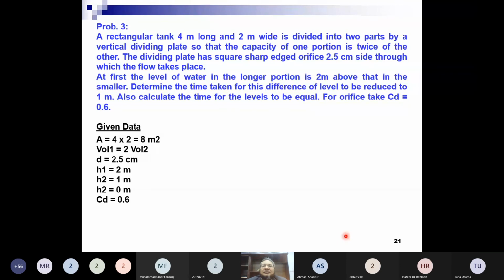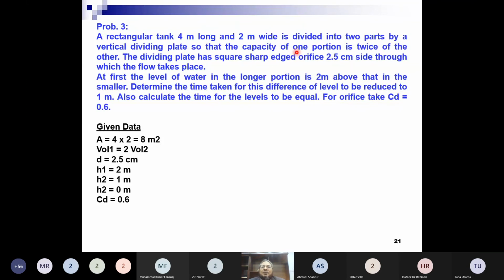We want to solve numerical problem number 3. A rectangular tank 4 meter long and 2 meter wide, 4 meter लंबा है, 2 meter wide है, is divided into 2 parts by a vertical dividing plate. वर्टिकल प्लेट बीच में लगा दी। कैसे लगाई?